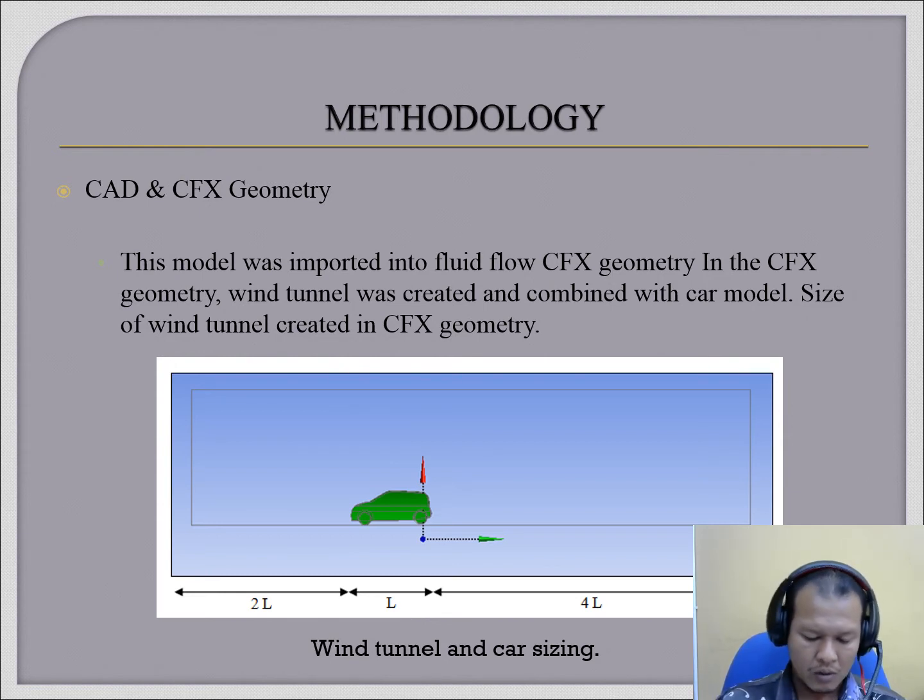So in our flowchart, we do the CAD in Autodesk Inventor and import it to the ANSYS CFX geometry for meshing. We draw the wind tunnel in the CFX geometry, and when the meshing is set up and run, we get the solution.